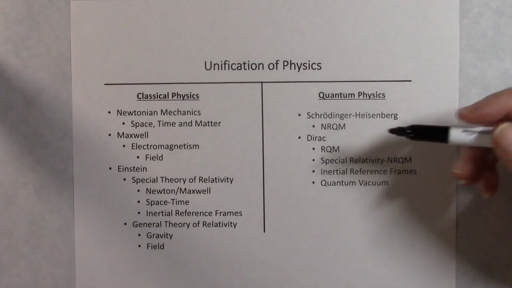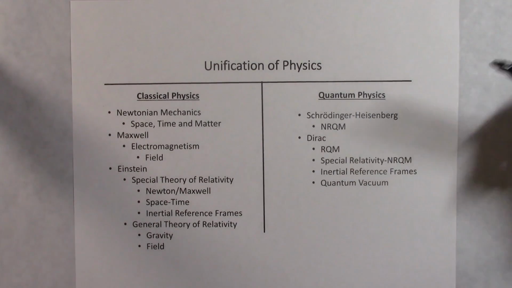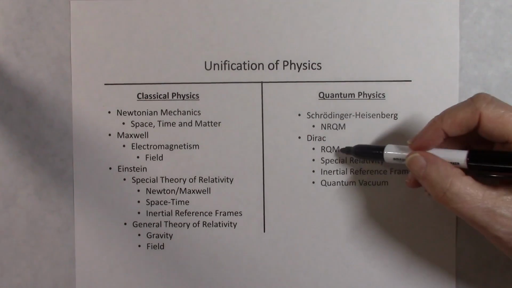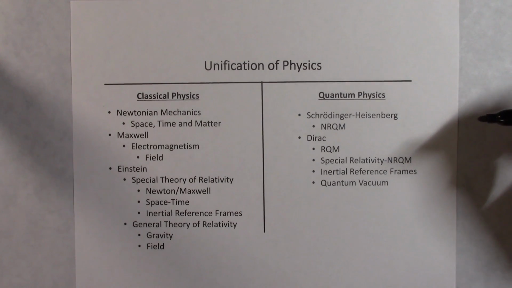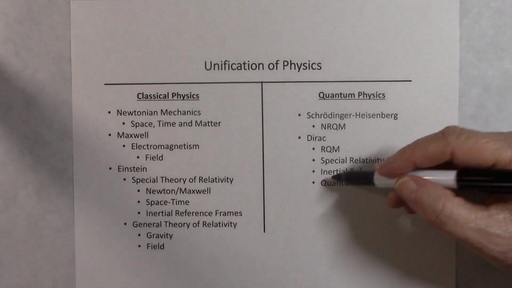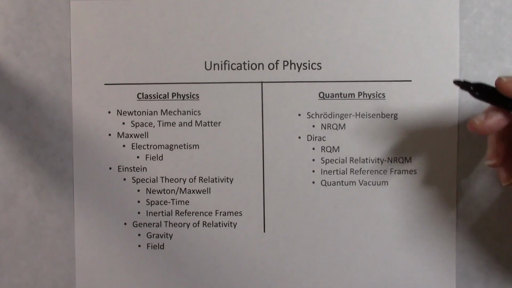It had some shortcomings, and some of those shortcomings were addressed by Dirac with his relativistic quantum mechanics. It was a unification of special relativity with non-relativistic quantum mechanics. Again, it only applied to inertial reference frames, so it was consistent with the special theory of relativity.